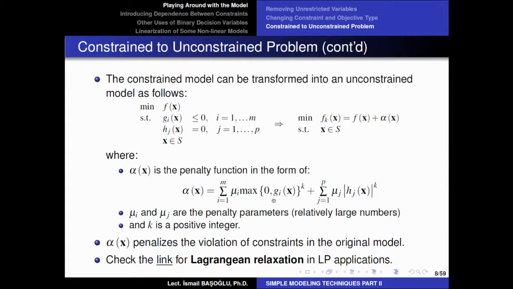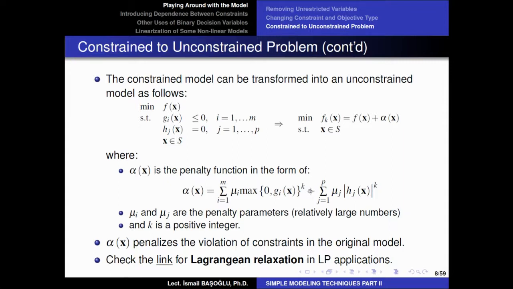Therefore, the penalty is going to be evaluated as 0, even though this coefficient mu_i is relatively large. It doesn't matter, because when you multiply it with 0, it will vanish.